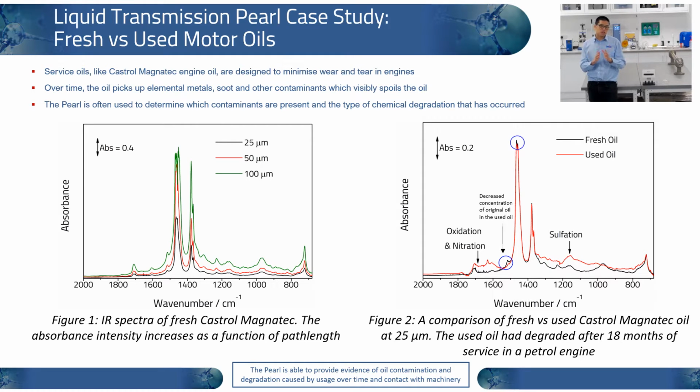And you can see the mode of degradation in this set of spectra, where at around 1700 wave number, you see oxidation and nitration of the oil due to its usage over time. And you can also see a decrease in the concentration of oil over time, and also sulfation as well at around 1200 wave number.